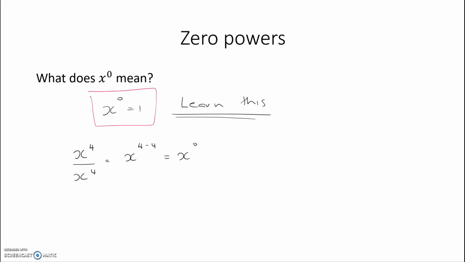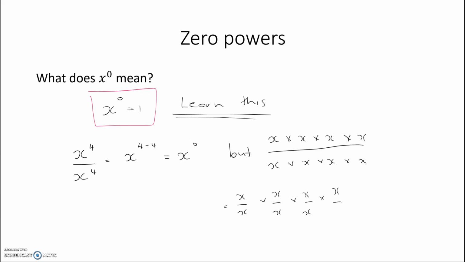But if we do it the long way, then we've got x times x times x times x over x times x times x times x, which is x over x times x over x times x over x times x over x. They're all 1. So it's 1 times 1 times 1 times 1, which is 1. So that's kind of proving the point that x to the power of 0 is 1. Best you just learn it that anything to the power of 0 is 1.